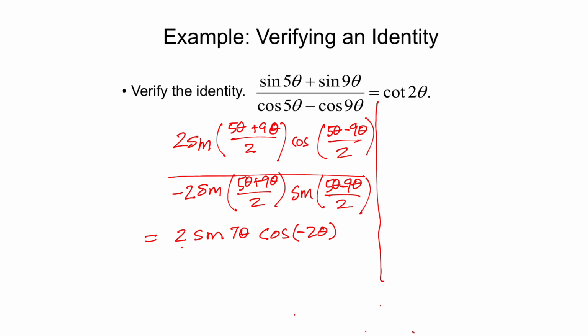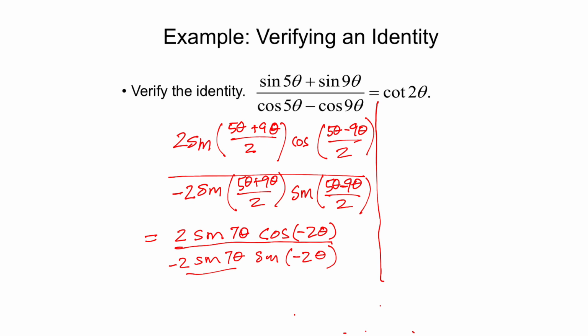And then for the bottom, that's going to be negative 2 sine of 7 theta, sine of negative 2 theta. Okay, so where do we go from here? Well, one thing you can notice is that we have a similar thing here and here.